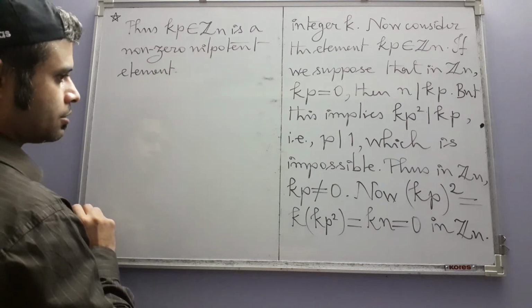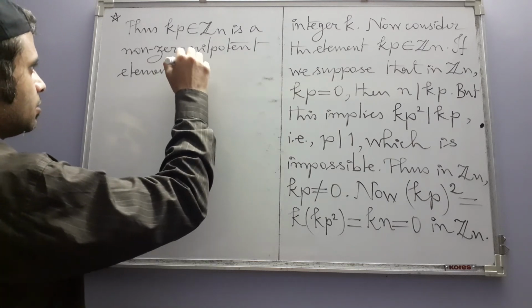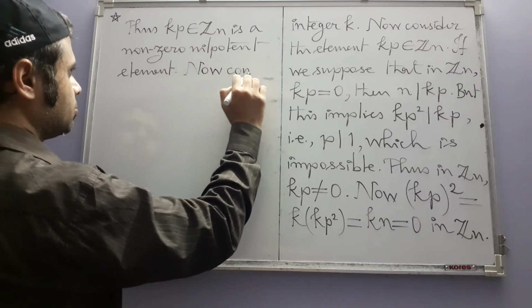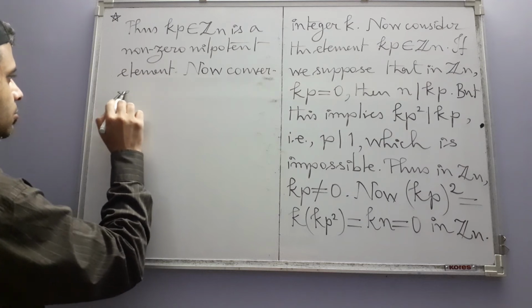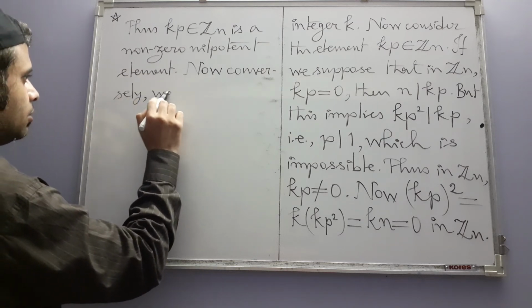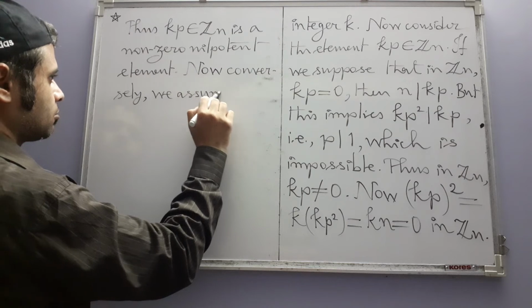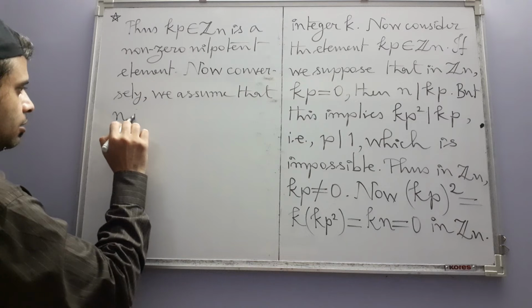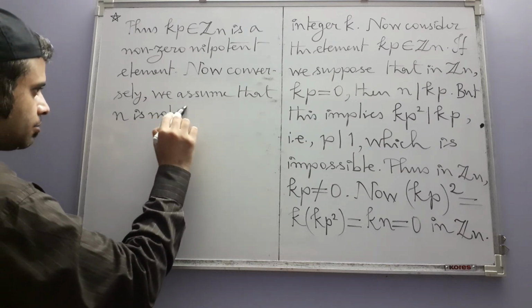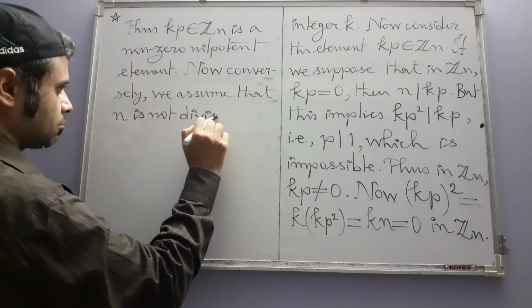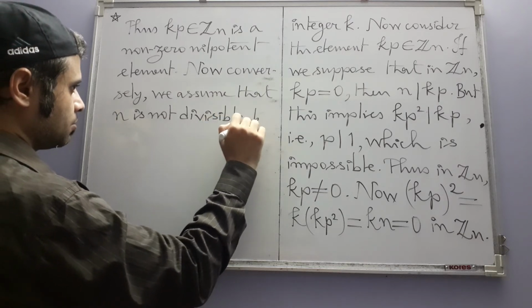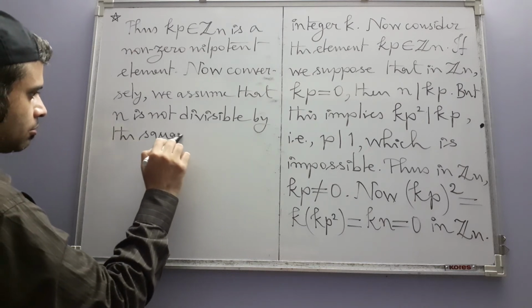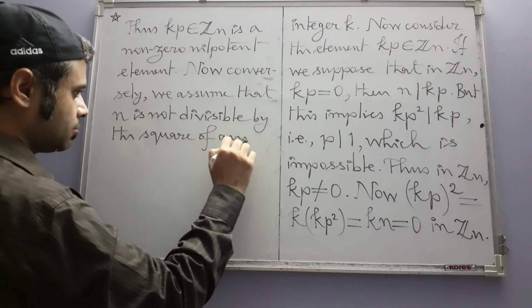Okay, so now conversely, we assume that n is not divisible by the square of any prime.